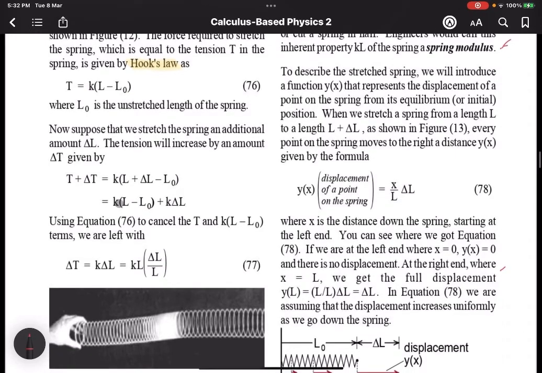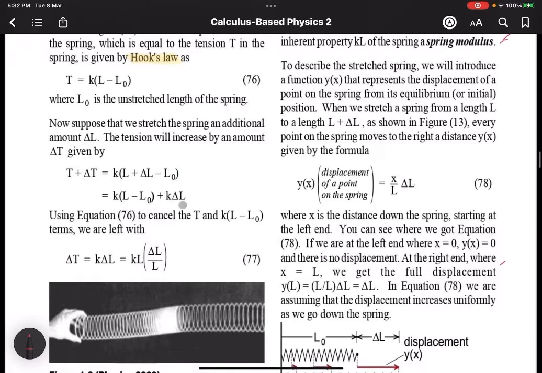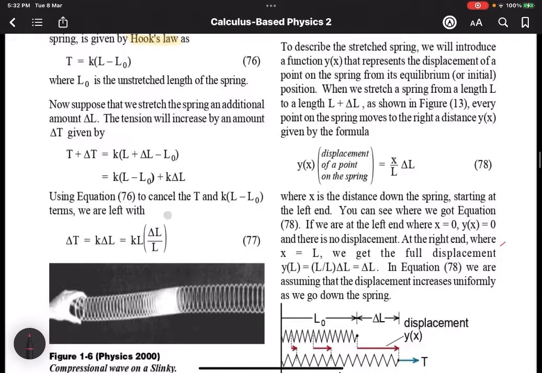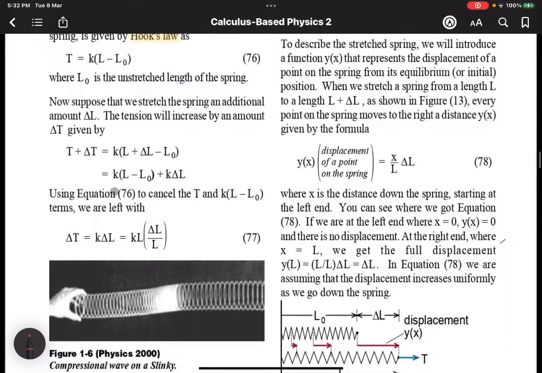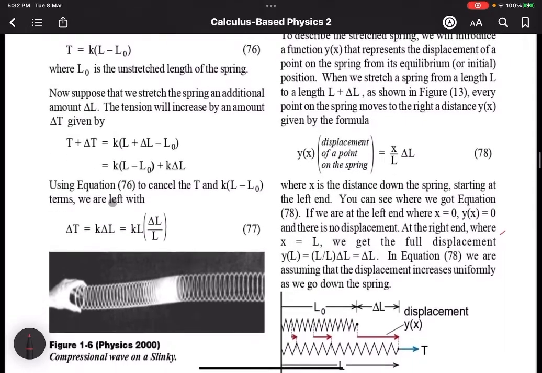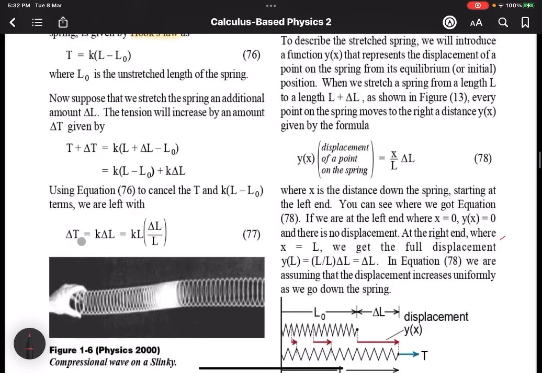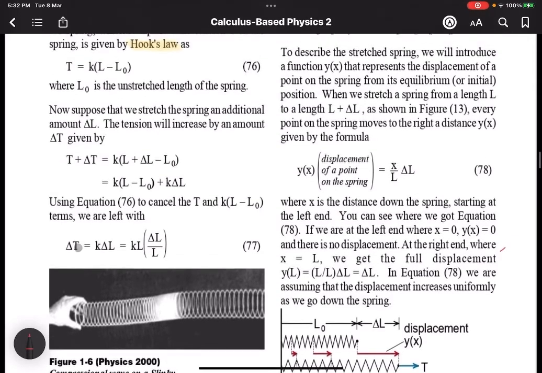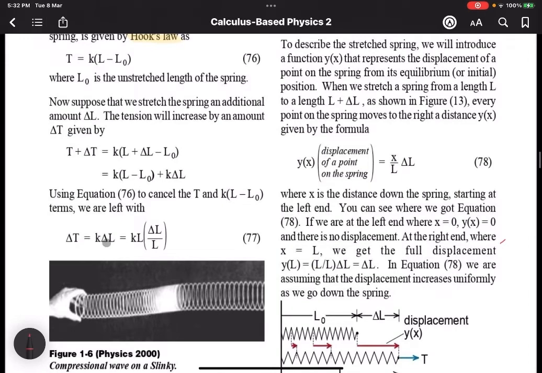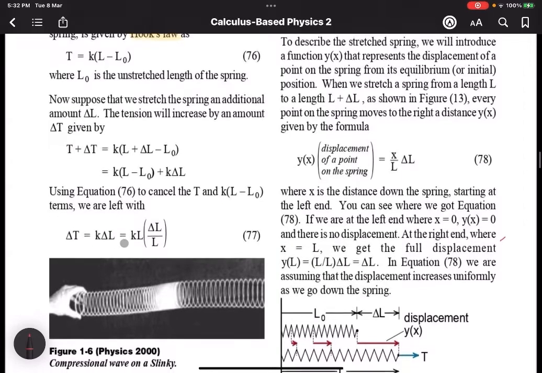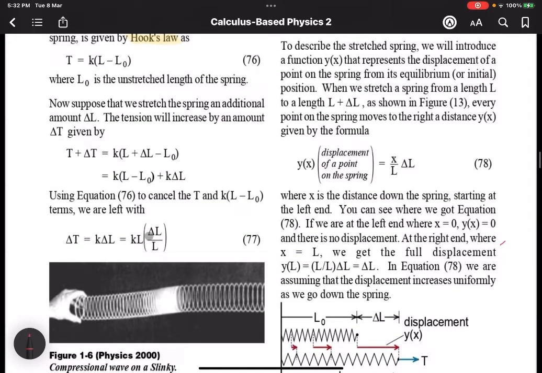Simplifying, we will have K times L minus L0 plus K times the change in L. So, using equation 76, we are left with the change in T, or tension, is equal to K times the change in L, which is equal to KL times the change in L over L.